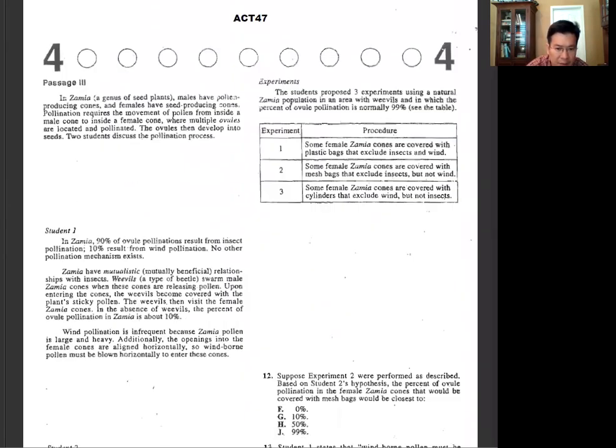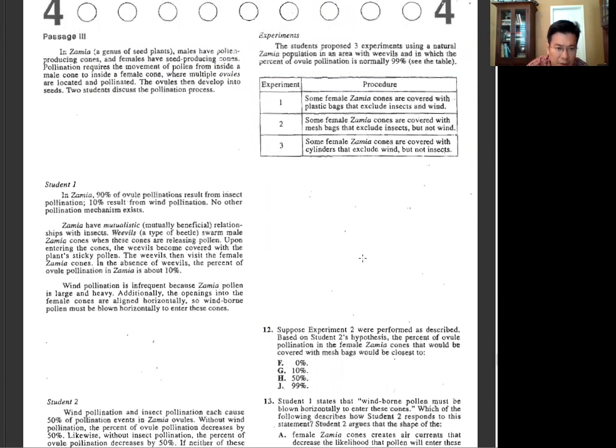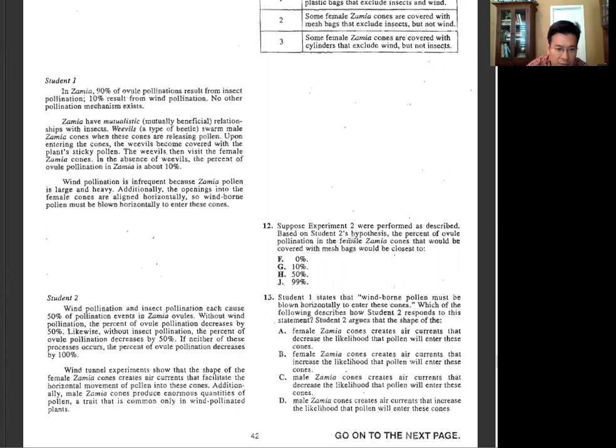Okay, move on to the next passage, number 12, experiment 2. Based on student 2's hypothesis, the percent ovule pollination of the female Zamia cones covered with a mesh bag would be closest to.